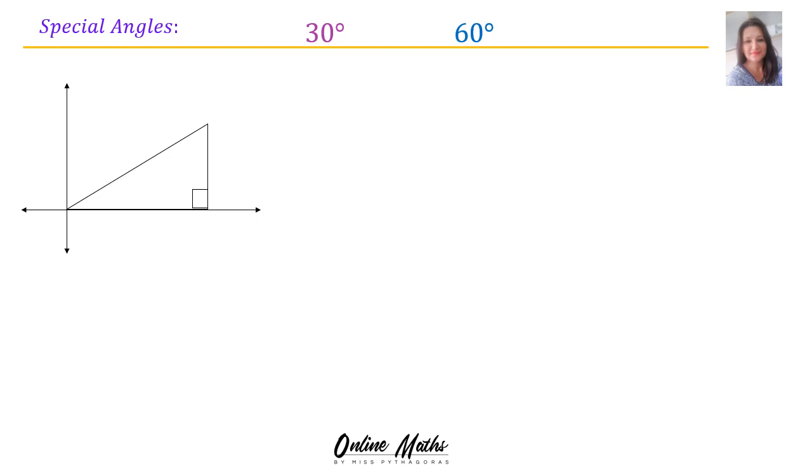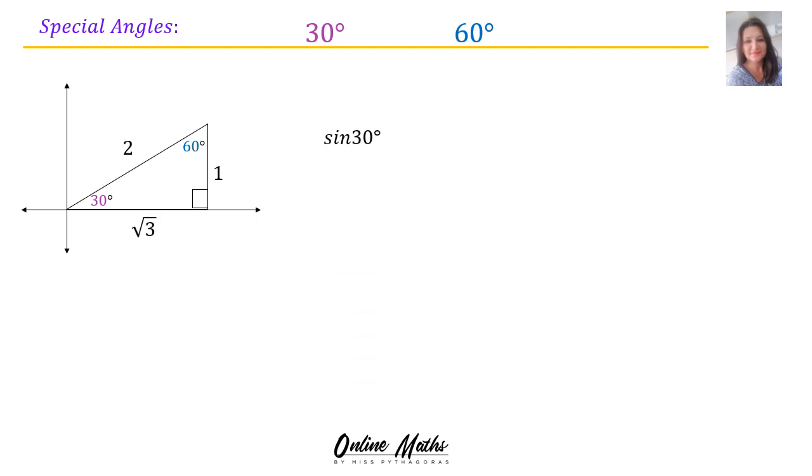The other two special angles are 30 degrees and 60 degrees. And again, you will need a help sketch. Your help sketch is not a unit circle. It's just a normal right angle triangle living in the first quadrant. Then this is 30 degrees, that is 60 degrees, and the length of your sides are 1, 2, and √3.